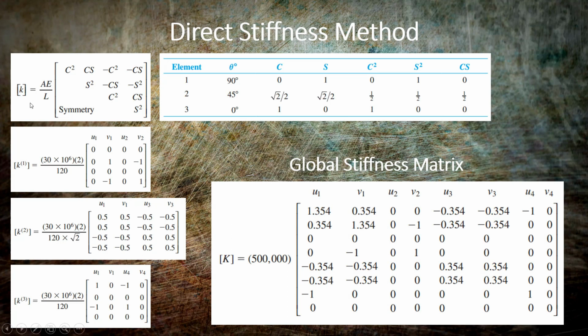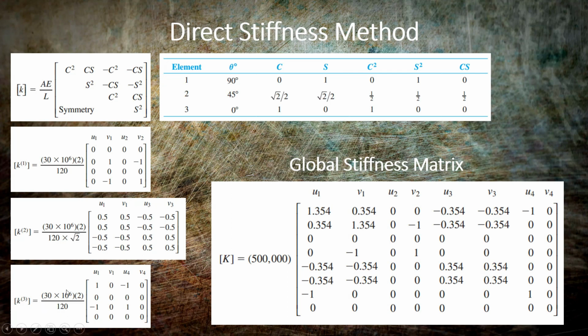The stiffness matrix for this three member plane truss is given by this equation, in which C stands for cos theta and S stands for sin theta. With the help of this formula, we obtained the stiffness matrix for element 1, then the stiffness matrix for element 2, and then the stiffness matrix for element 3.